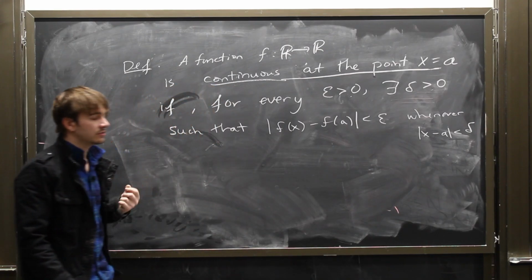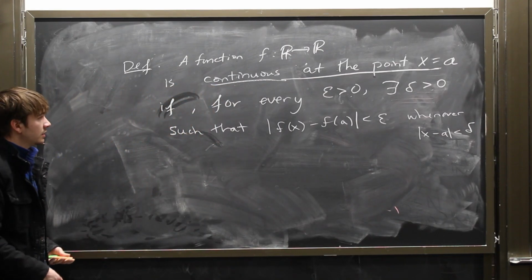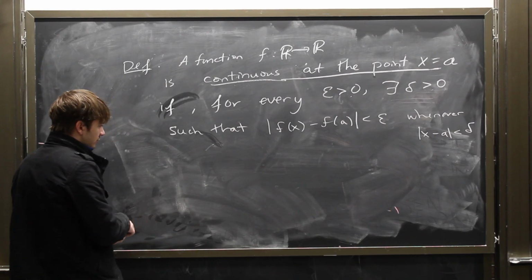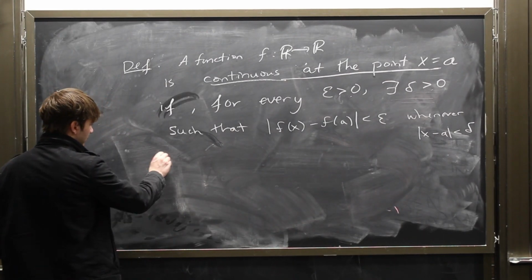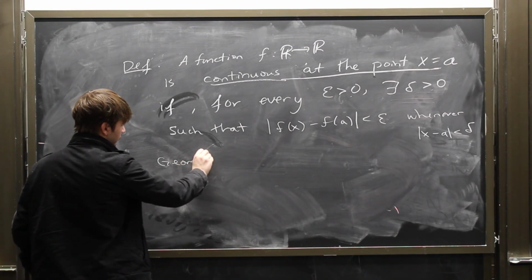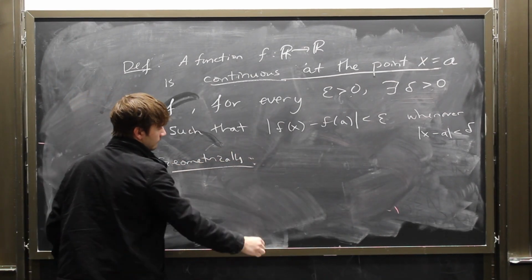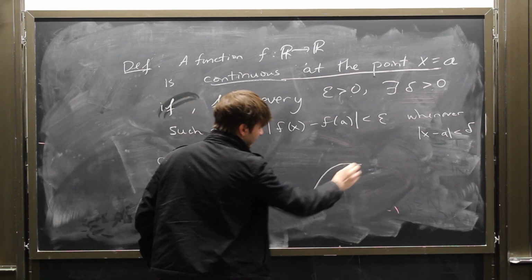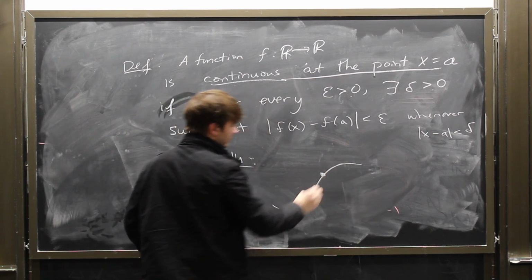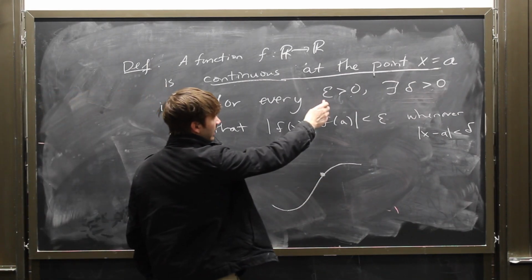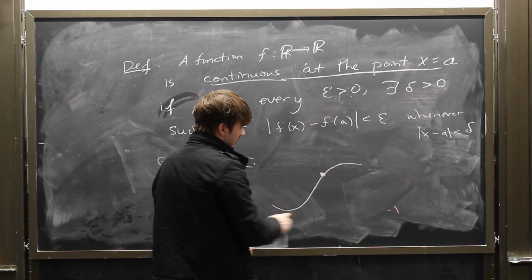Okay, so this looks like somewhat of a formidable definition. Let's unpack what this means geometrically. So if I draw my function f, say I draw function f, and I look at a point, okay? Then intuitively speaking, I'm specifying an epsilon error, okay?